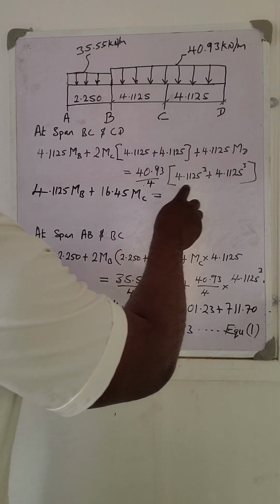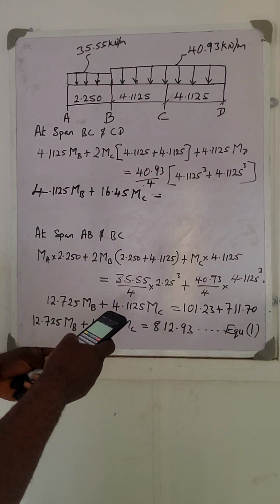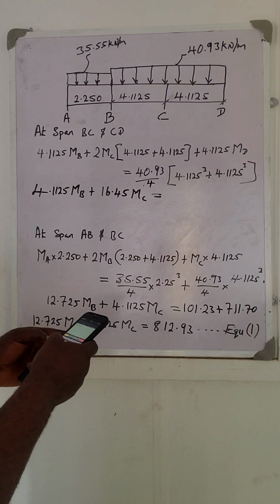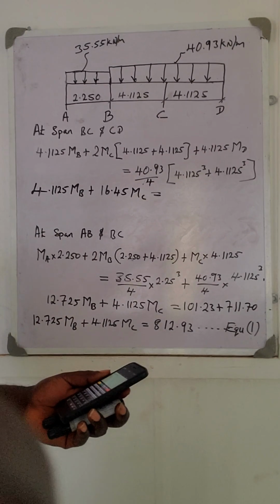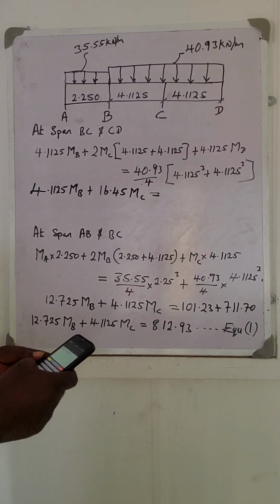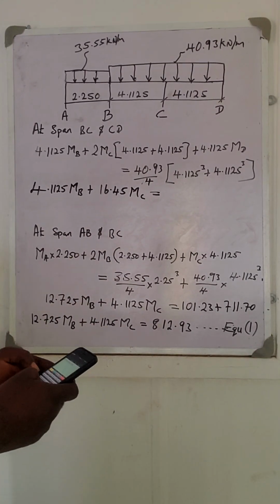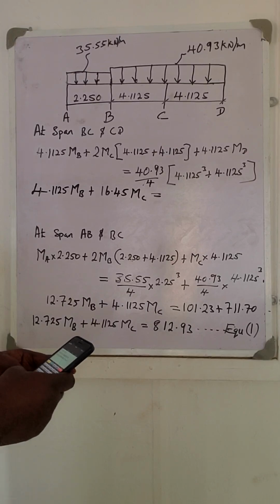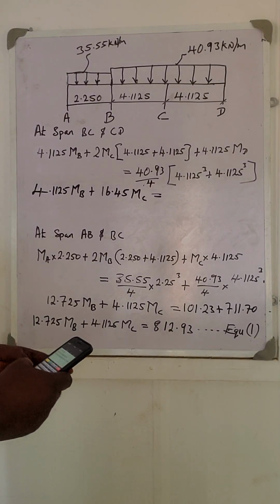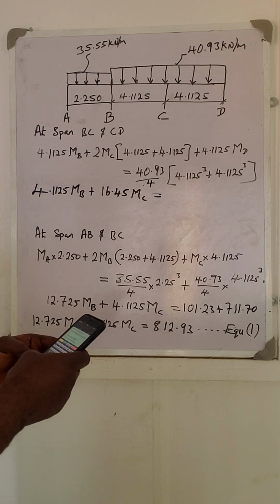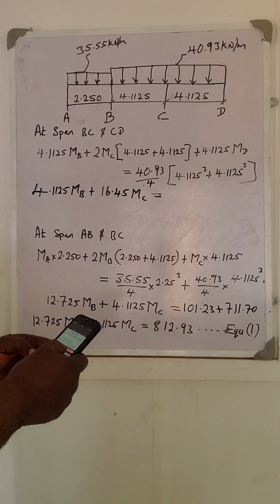when you compute the whole of this one, you are going to have 4.1125 raised to the power 3 plus 4.1125 raised to the power 3 plus 4.1125 raised to 3, then multiplied by 40.93 divided by 4.